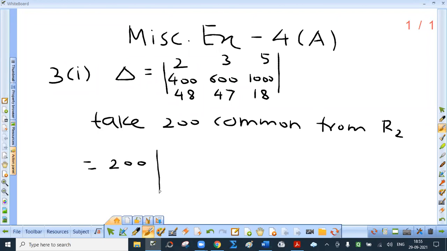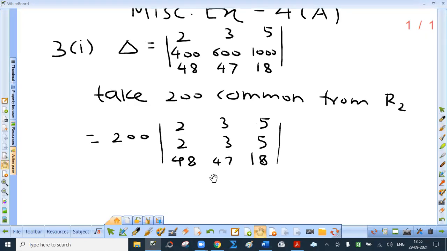So 200 into 2, 3, 5, 2, 3, 5, 48, 47, 18. So this is 200 into 0 equal to 0. Reason, R1 identical with R2.